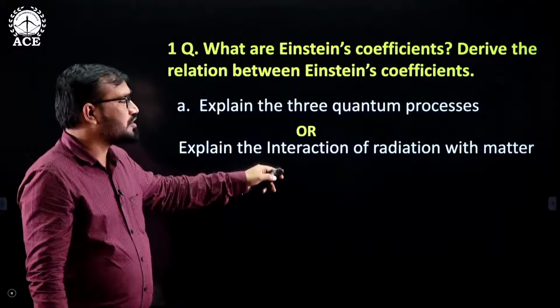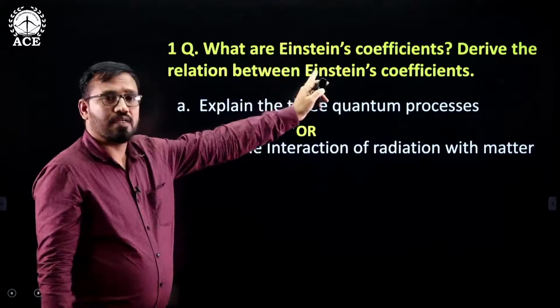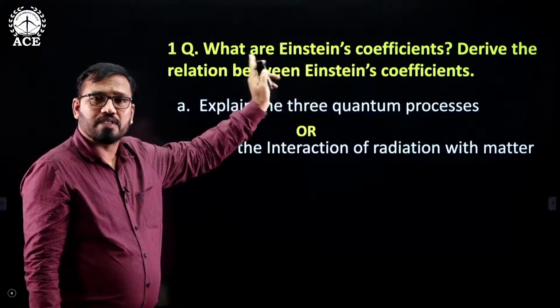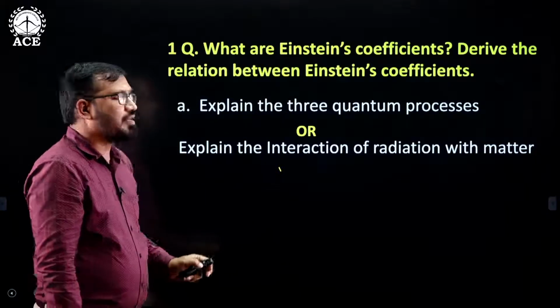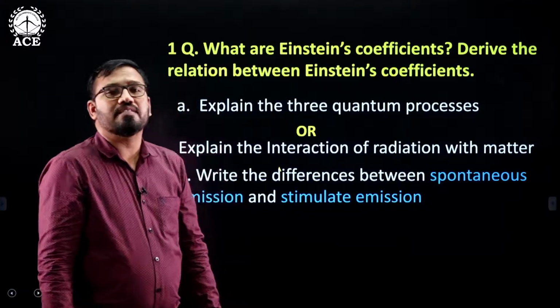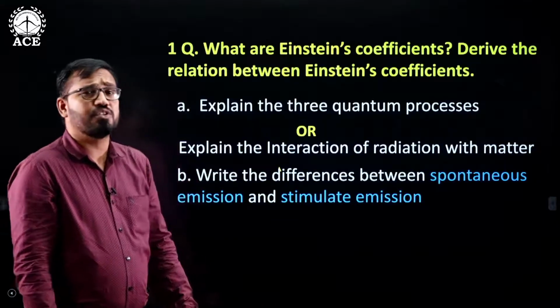How can these questions be answered? From this answer only. If you know the answer of this one, you can write the answer to this question. Next, another question is: write differences between spontaneous emission and stimulated emission. There are two types of emissions here.